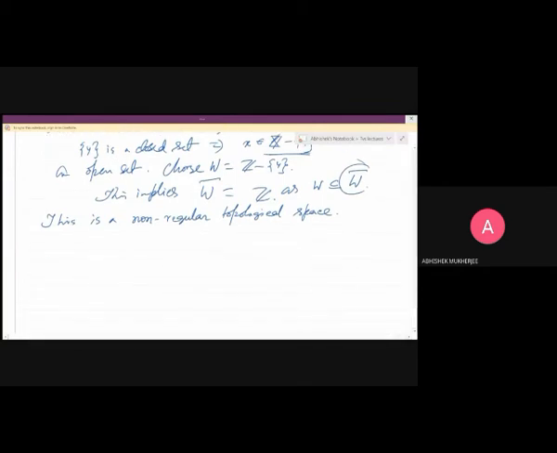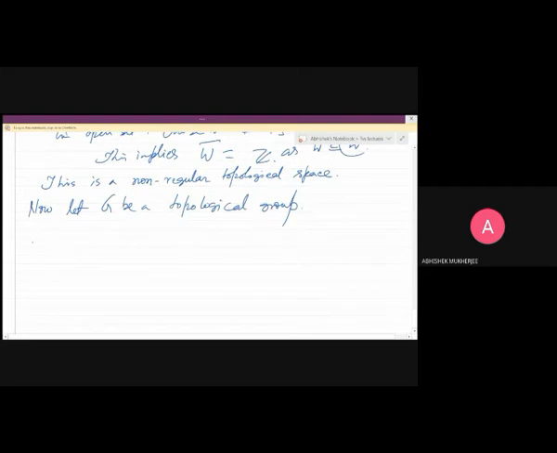Now let G be a topological group. Then we can define two maps immediately.